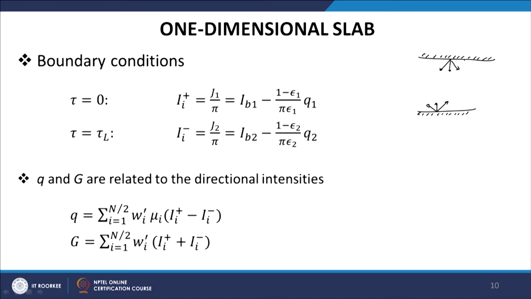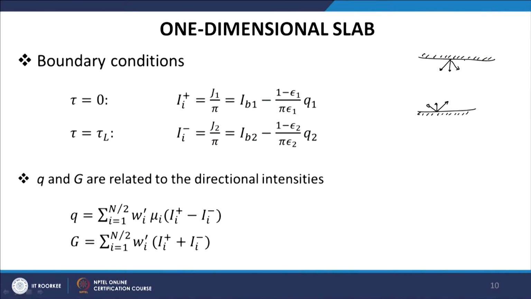Now, Q and G, as we have done many times for the approximate methods and the P1 method, are related to these intensities. So, we can write down Q. Q is basically equal to the integral of intensity times mu d omega.